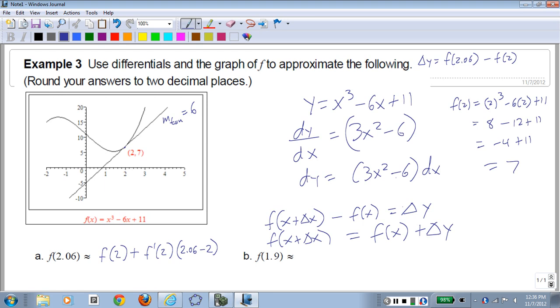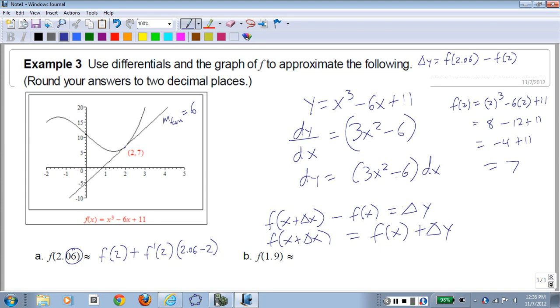So we don't know exactly how much the function increases between 2 and 2.06, but the straight line, if it has a slope of 6, if we go 0.06 units to the right, we'll go 6 times that many units up.